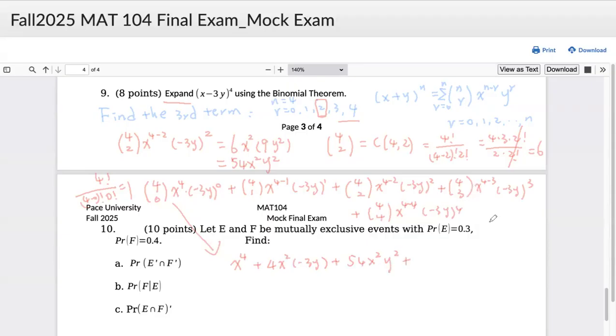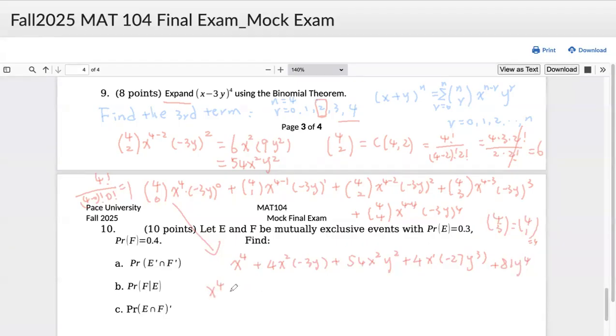The fourth term, 4 choose 3, is the same as 4 choose 1, so it equals 4. Plus 4 times x raised to 4 minus 3, which is x, then negative 3 cubed, negative 27, y cubed. Then plus the last one: 4 choose 4 is 1, x raised to 0 is 1, so only left with negative 3 raised to 4, y raised to 4, which is 81 y to the 4th.